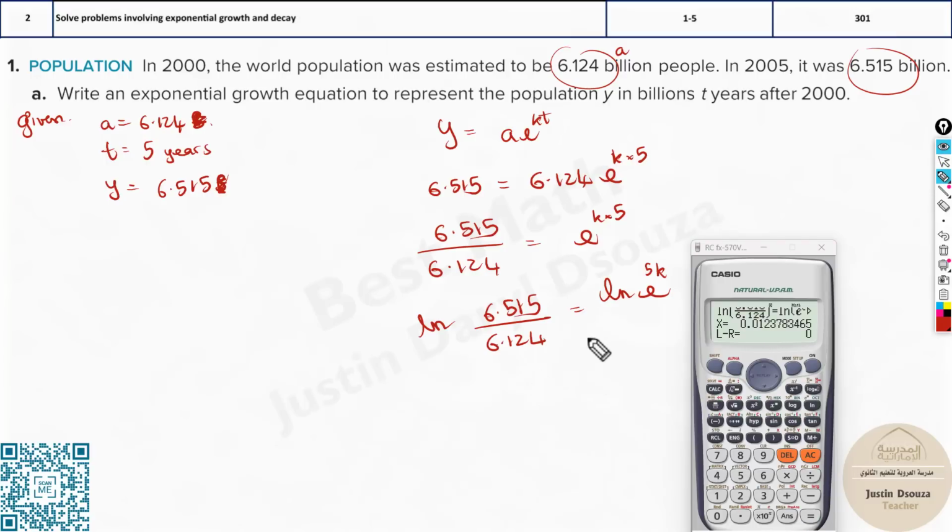Now many of my students used to ask me how many digits to write here, 4 or 5. In the textbook, sometimes they have taken 5 digits, sometimes 4. So what I would suggest is the minimum number of digits to be taken is 4.